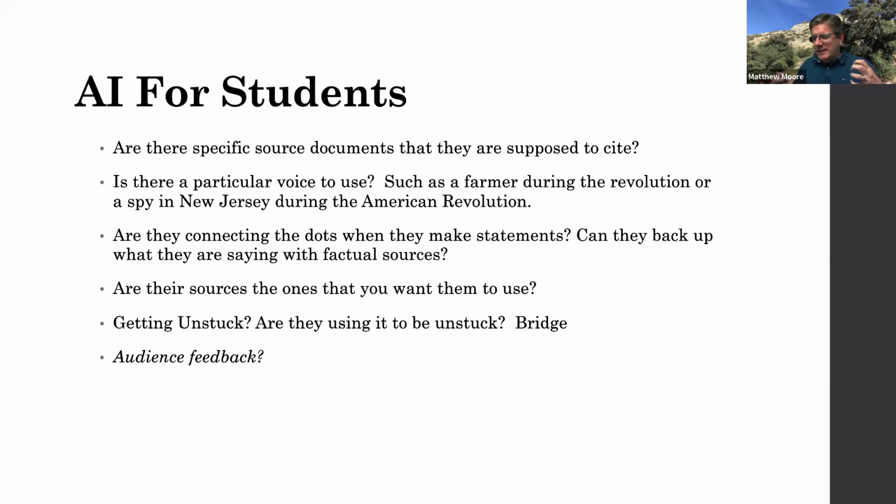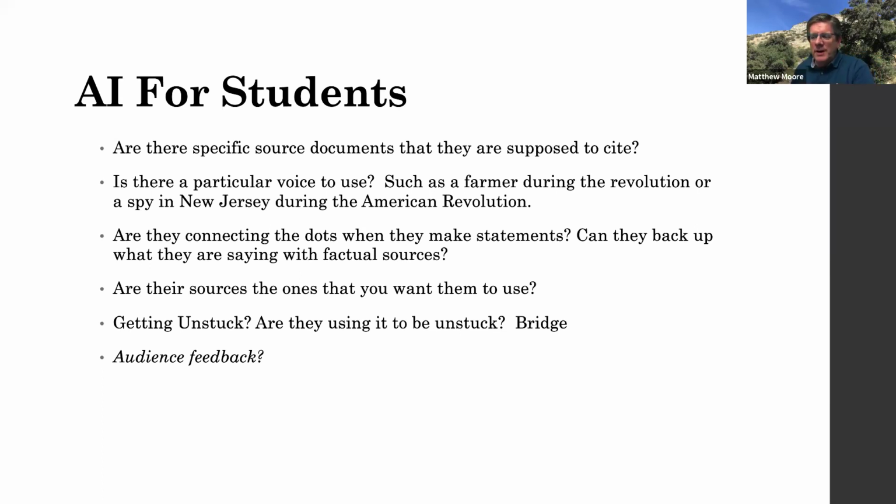Whether they have used AI or not, I think it's our job to say, here are some things that can be indicators of how they're producing their work. Are their sources the ones that you want them to use? That's the kind of thing. I'm still a little stuck here, and I could take this into AI and it would generate some ideas.